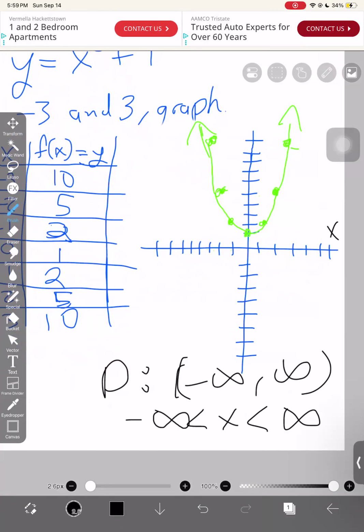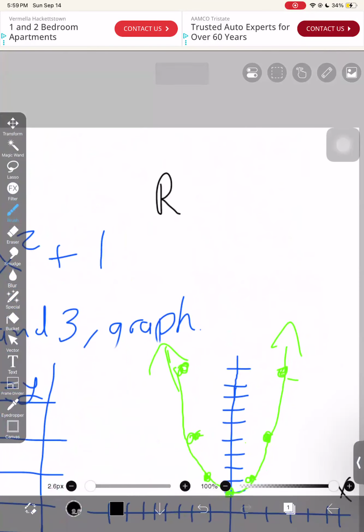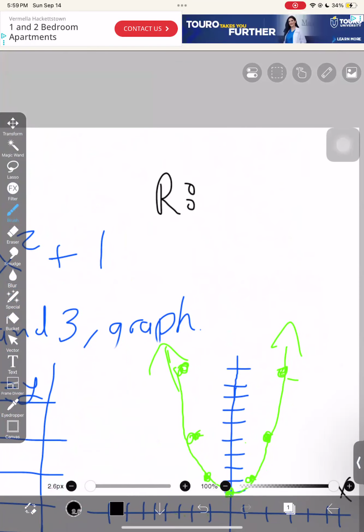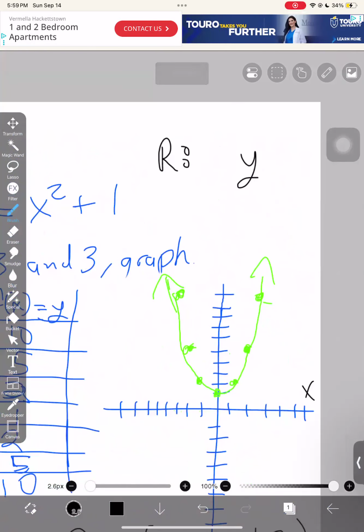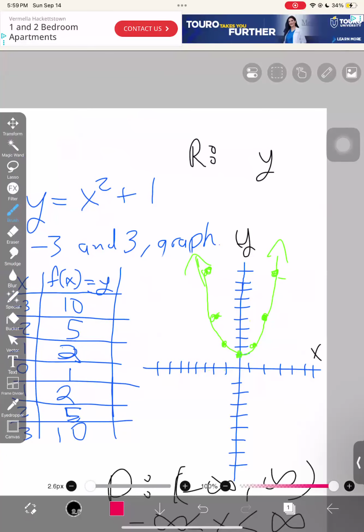All right, my range, however, is my y, so it has to be between two things. And notice how for range you kind of want to look at your y-axis. Your y-axis here starts at positive 1 and then it keeps growing to infinity.